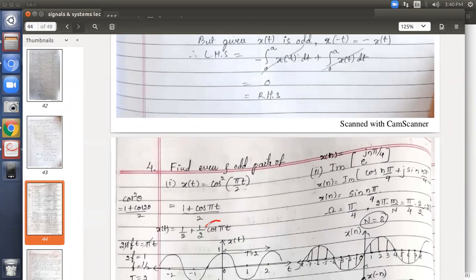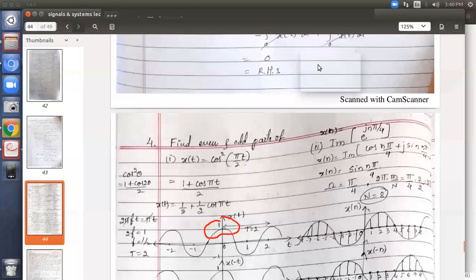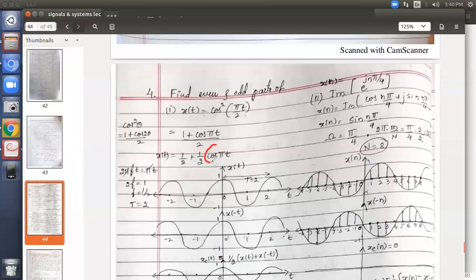Let us try to draw cos of pi t. In order to draw this cos of pi t, you should know what is the period. The shape of the signal, you know how the cosine sinusoidal waveform looks, but you should know the period, after what time the signal is repeating. For that, you can see it on the screen. I have solved it. Cos pi t looks like the general form cos of omega t.